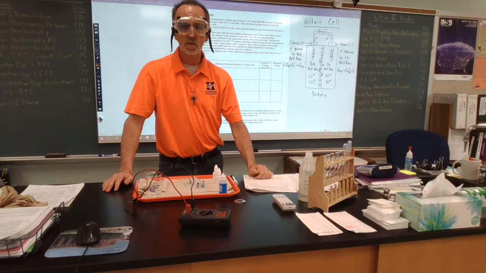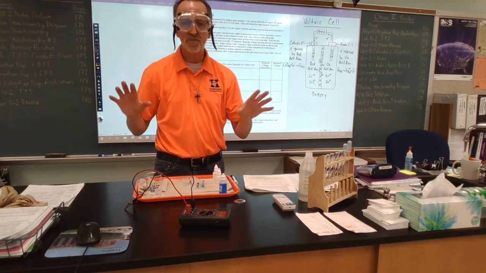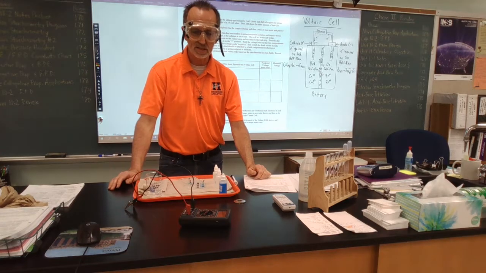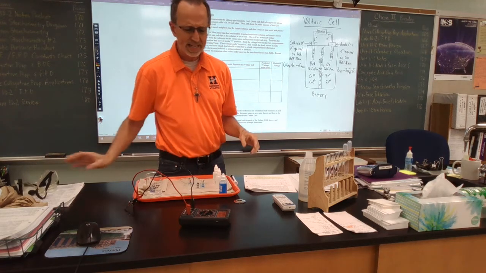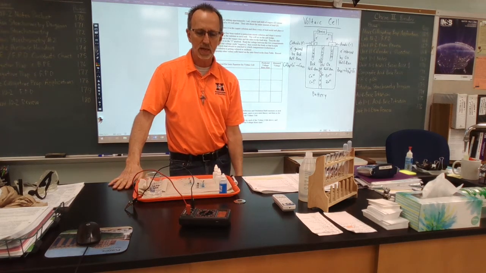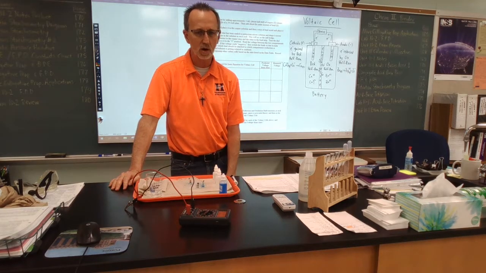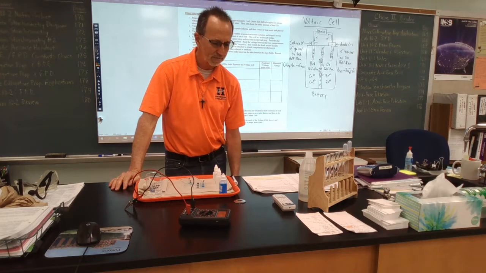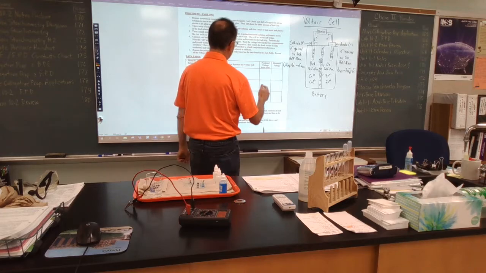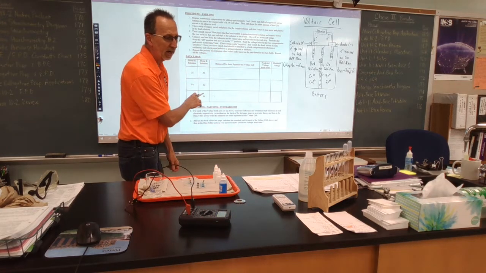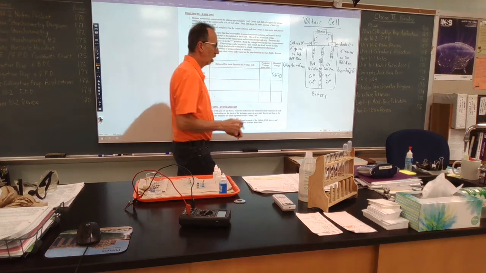And so the reading is not a solid, definitive singular reading. So what I did is, let me take these off for a minute. What I did then in recording the value is just look and see where it was flashing around the most, and gave my best guess. My measured voltage here, this is for number 1, was 0.470 volts.